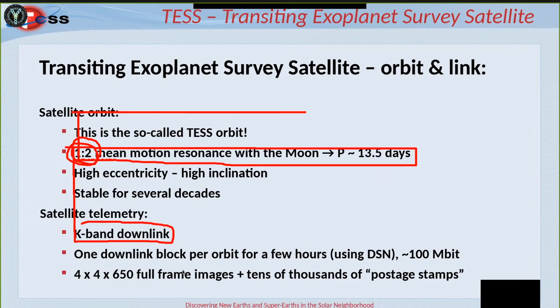It uses K-band, and there is one downlink block for each orbit, which means that using this period of a few hours at a data rate of 100 megabit per second, we are able to retrieve roughly 16 times 600-700 full frame images plus tens of thousands of postage stamps, and we will see later on what that means. So these types of data products are associated with TESS at the present moment.